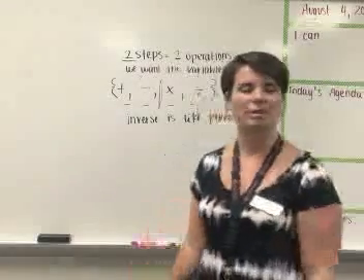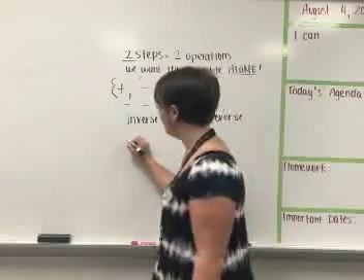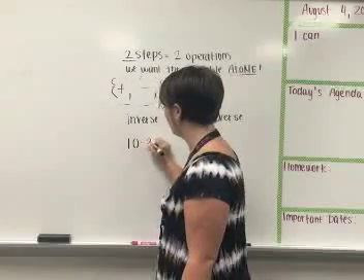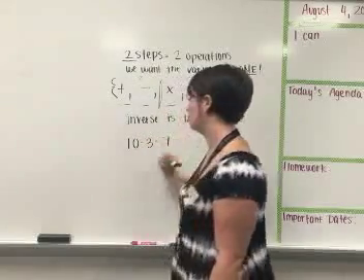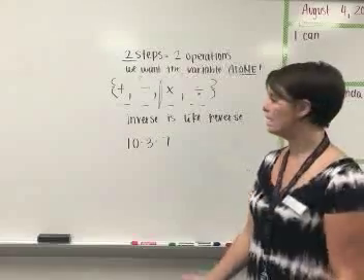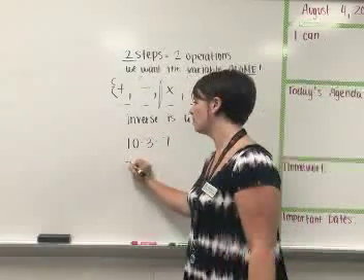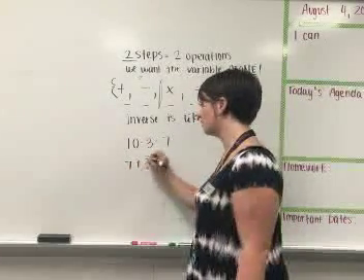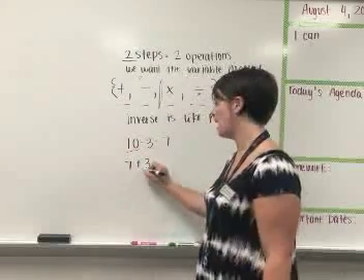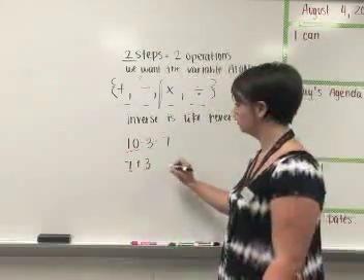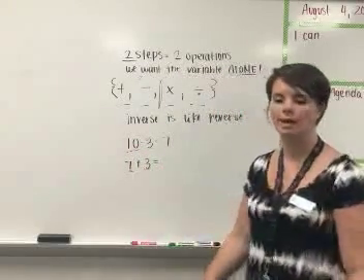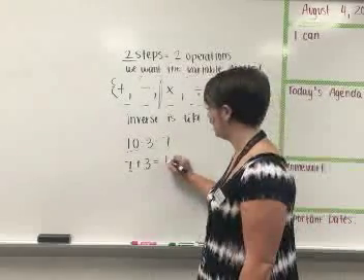Now, example, let's talk about this. Now, if I have 10 minus 3, we have 7, right? 10 minus 3 equals 7. Now, what if I do the opposite? What if I add 3 to 7? I did the opposite of subtracting 3 from 10. I added 3 to 7. Okay? What do I get? I get 10.